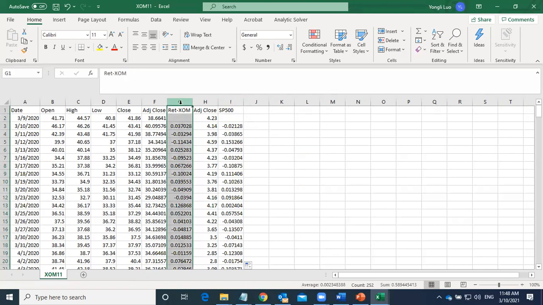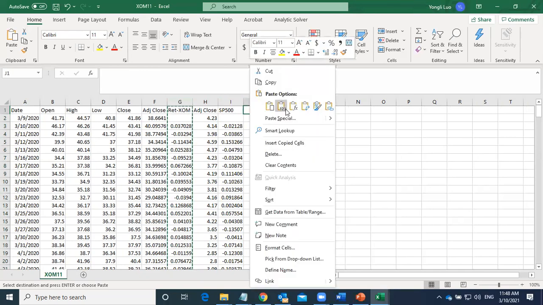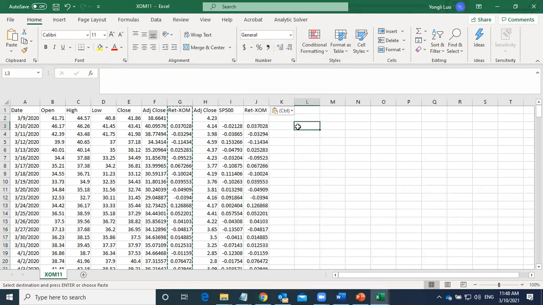And this is your stock, ExxonMobil, right? Control C and then paste numbers. Now we have the returns. This is the S&P 500 on the left. That is your independent variable, which is going to be on the x-axis, and on the right is going to be your y-axis.